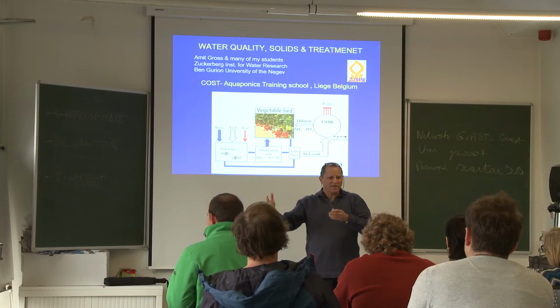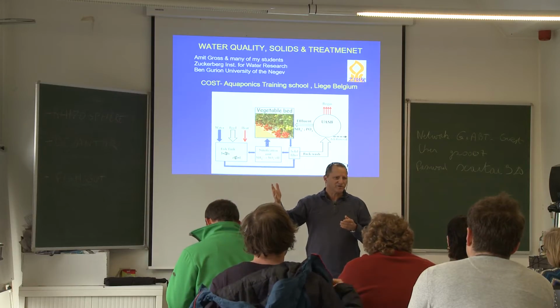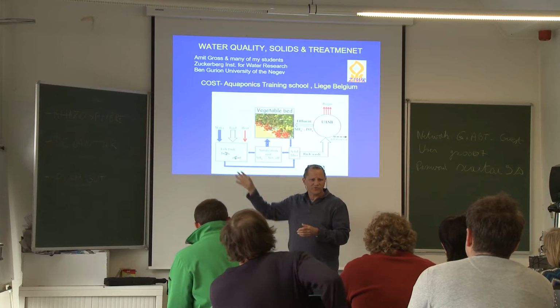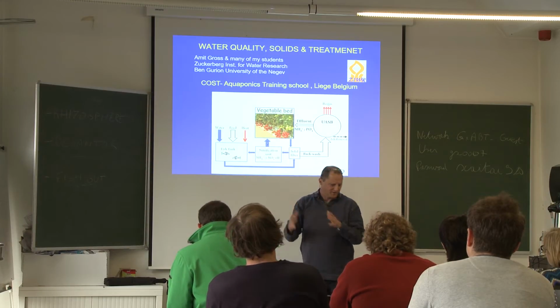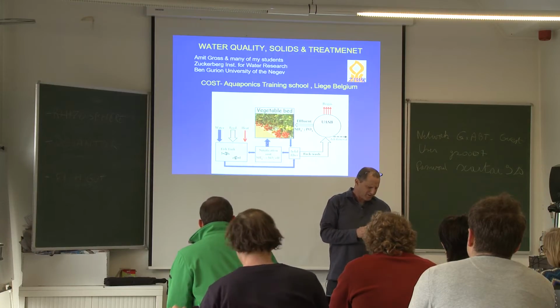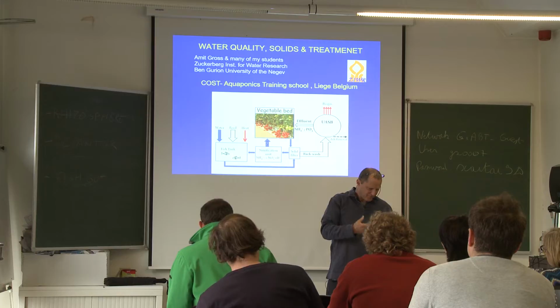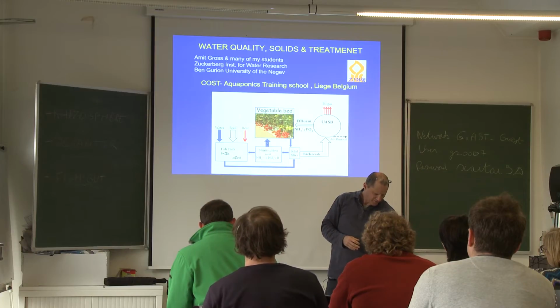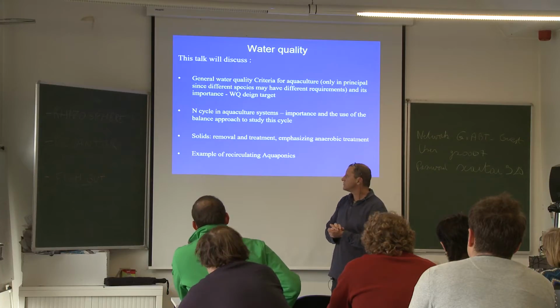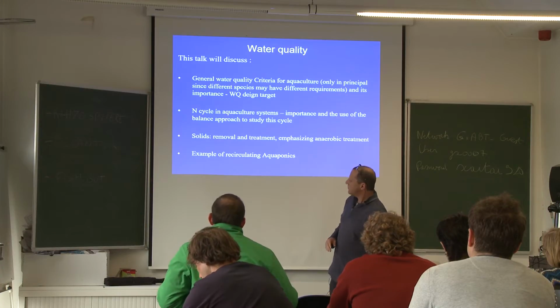Now, it can be environmental standards when we're talking wastewater treatment, or it can be standards that are appropriate for the fish and for the plants. So that's the deal. We'll start with basically a list of the water quality parameters that are suitable to grow fish.